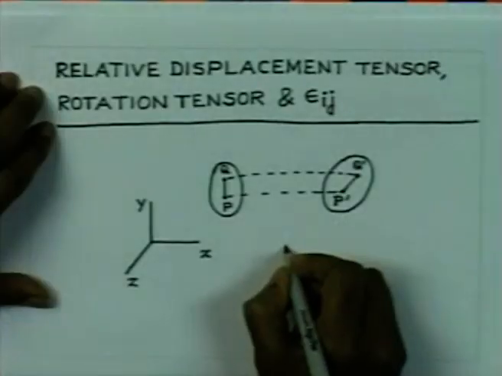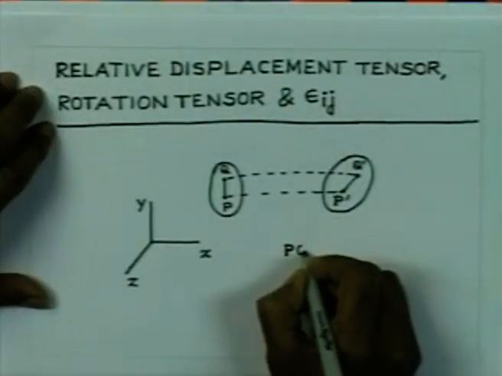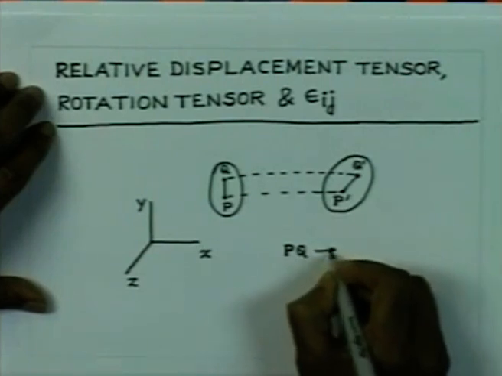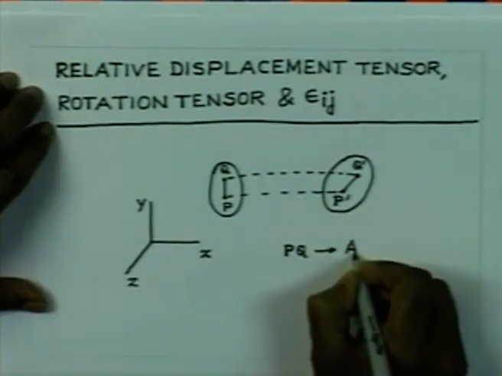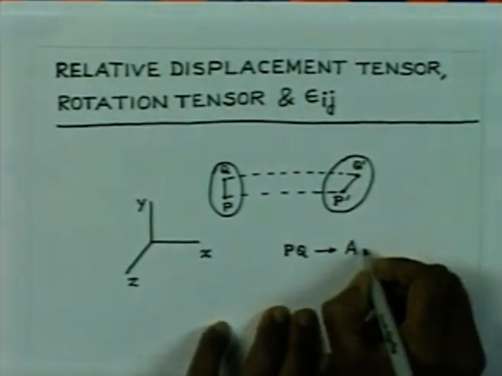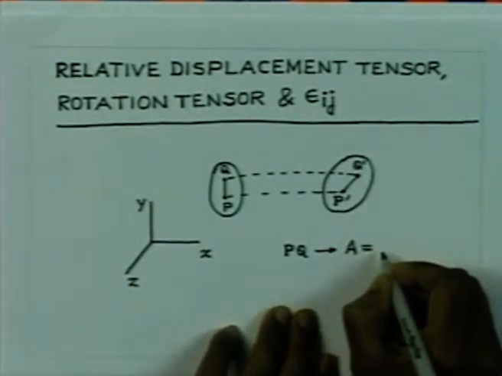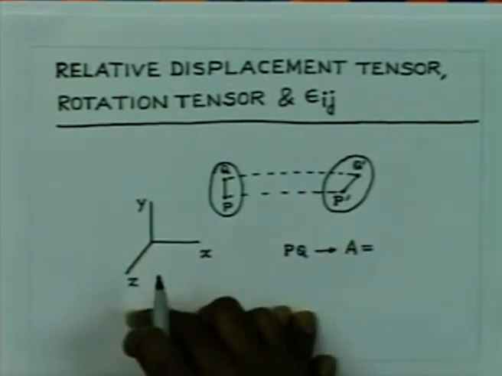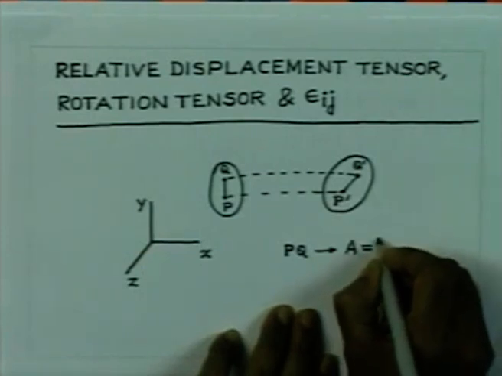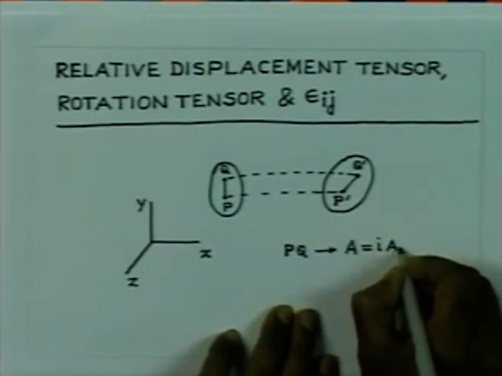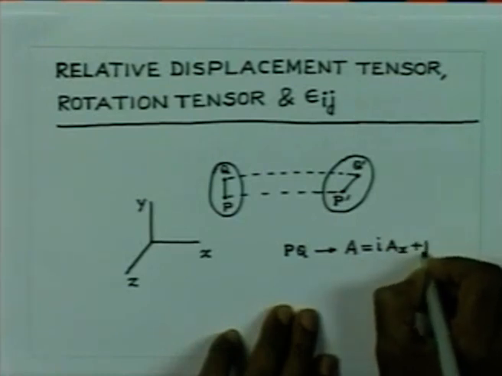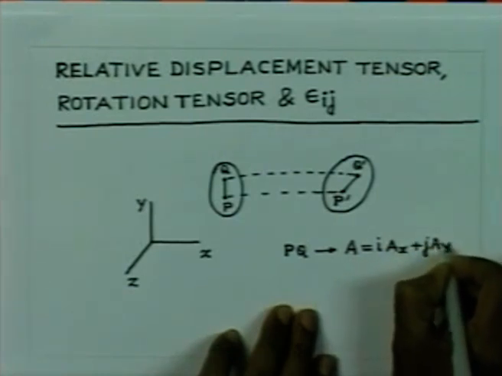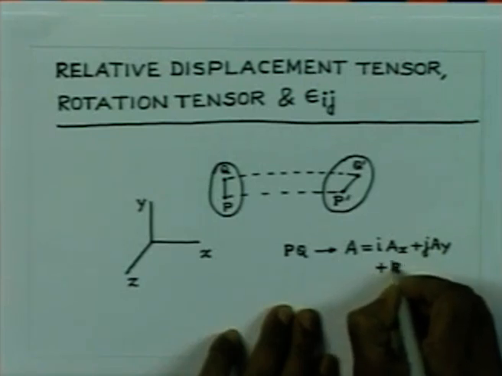Let us consider that the distance between PQ can be indicated as a vector quantity, and let us say that this is the vector A, and this vector has components Ax in the x direction, Ay in the y direction and Az in the z direction. So, we can write A as i Ax plus j Ay plus k Az.